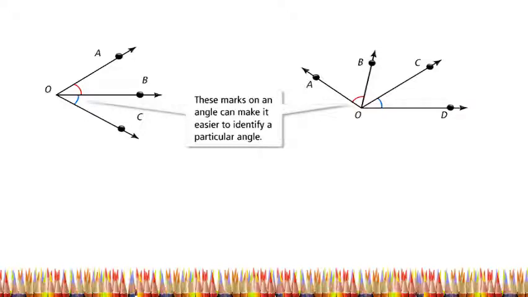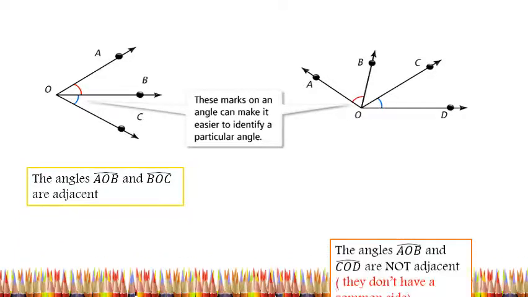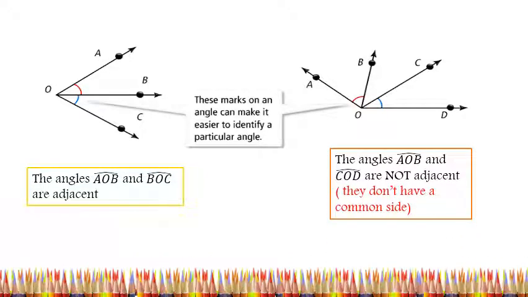Now, here they told me that these marks on an angle can make it easier to identify a particular angle, so we put this sign. Let me ask you, can we say that AOB and BOC are adjacent? Yes, they are adjacent. Why? They have a common vertex O, a common side OB, and they are situated on both sides of the common side OB.